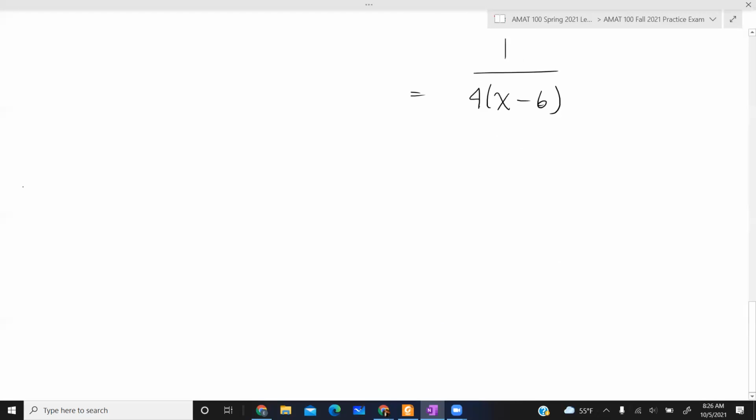So for the next problem, it's number 4. We're given the following quadratic equation, and we want to solve for x. We're told specifically how to solve it.